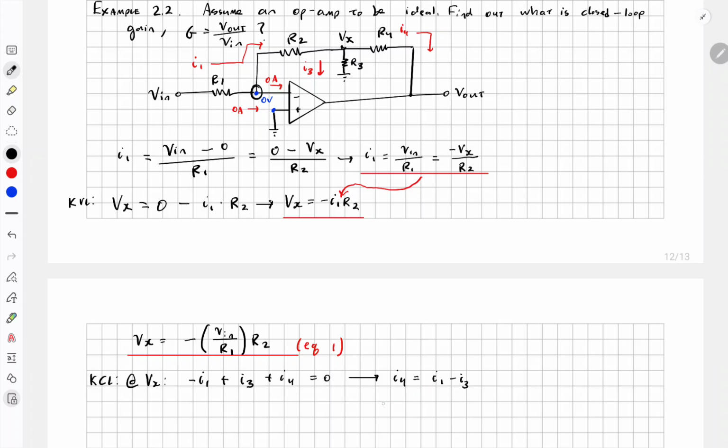Say we don't know what I4 is, but we do know what I1 is. We have already solved for I1, it is Vin divided by R1. And I'm trying to reuse variables in the hope that they will cancel out eventually. Okay, and what's I3? I3 is this voltage divided by this resistor.